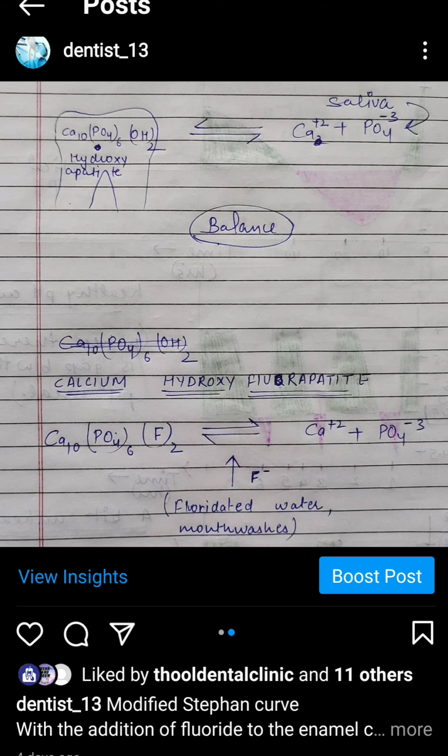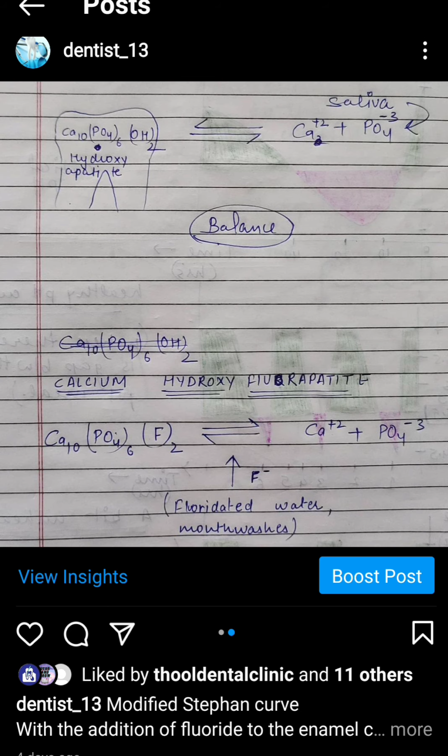Again, when the pH returns back to normal, the saliva, which consists of calcium and phosphorus ions, returns them back to the enamel, replacing the empty spaces and fulfilling the ionic structure of the enamel. This is a normal process, but we can make enamel a bit stronger.